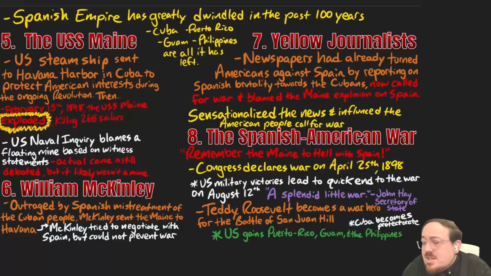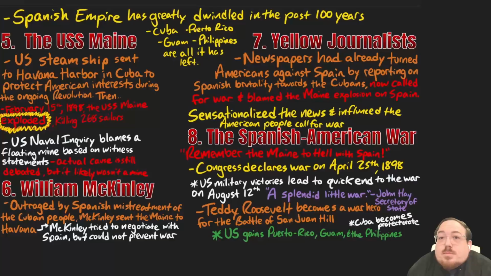And this gets sensationalized in our newspapers. But also, we do have some American interest and we do have some American business in the area. So President McKinley will send the USS Maine, one of our new ironclad ships, to Havana Harbor, which is the capital of Cuba, to sort of say, hey, we're here to protect American interests, but also you should stop doing what you're doing.